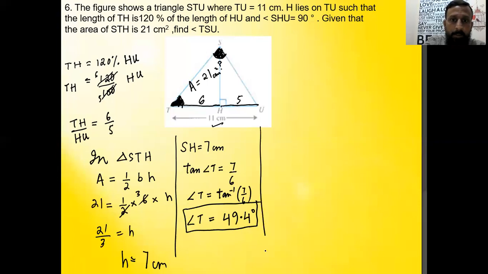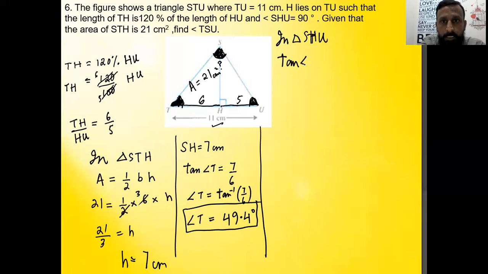Again, now in triangle SHU, we can also find angle U. I'm just pointing this angle. Again, apply the same tangent function. Tangent of this angle U is equal to opposite, that is 7, adjacent, that is 5. When tangent moves there, tangent becomes tangent inverse.